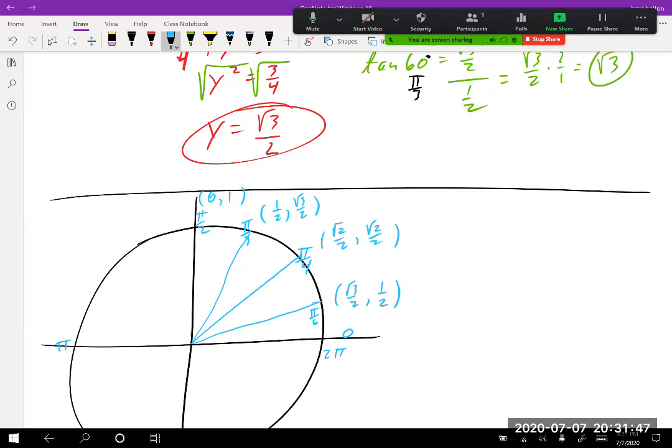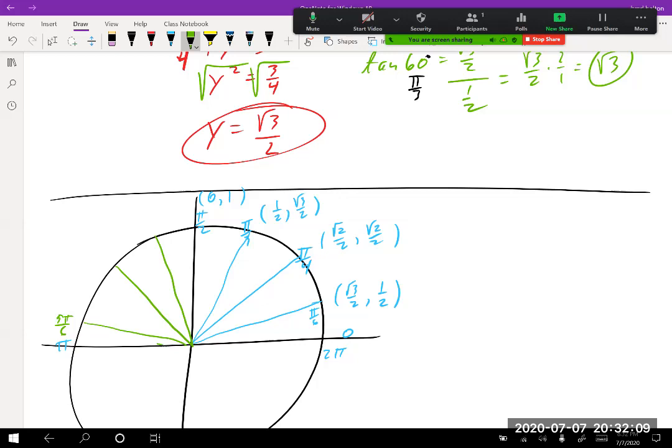Now here's the thing. You can go into this next quadrant, quadrant 2. And in quadrant 2, you also have 5 pi over 6, almost 6 pi over 6, which is pi, right?